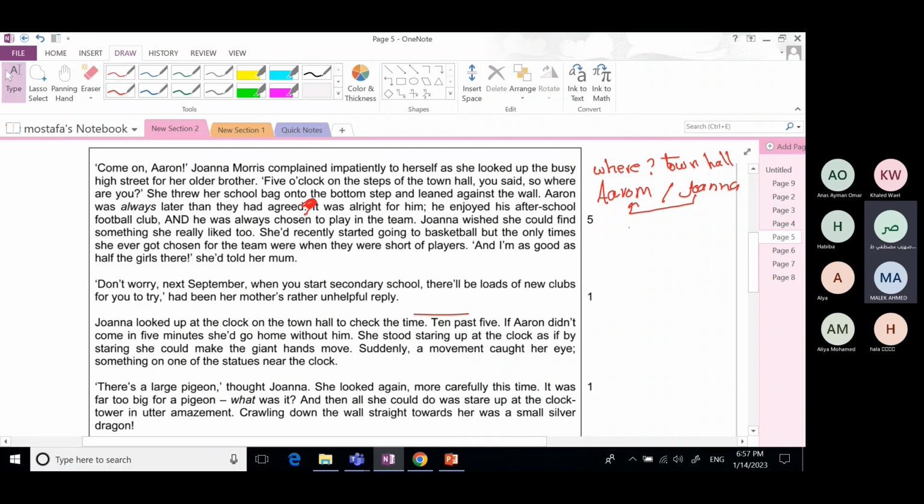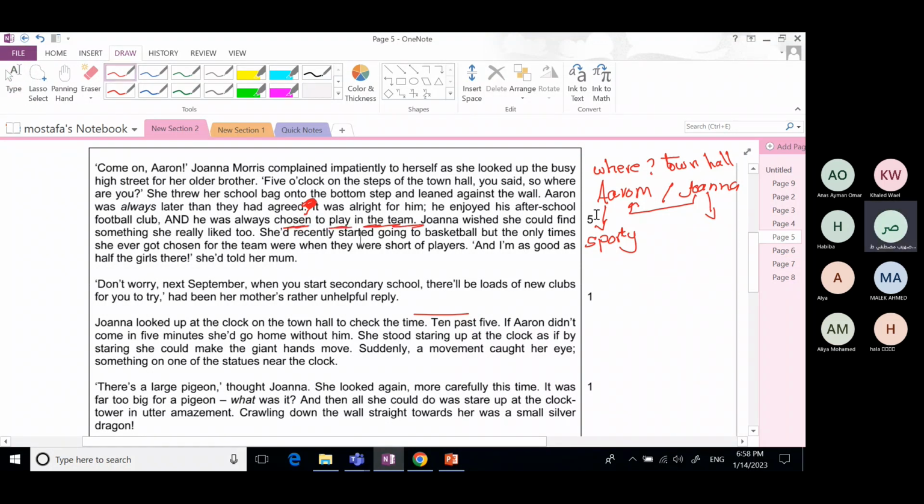If we want to describe Aaron based on what we read, how can we describe him here? One word. What is he interested in? Football. Exactly, and he is described as a successful one. He's sporty, right? Because here it says he enjoyed his after-school football club, and he was always chosen to play in the team.